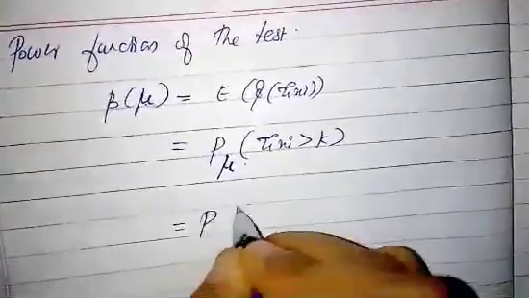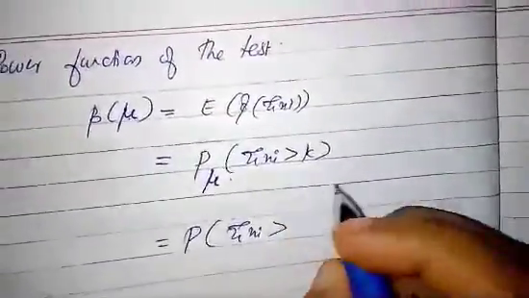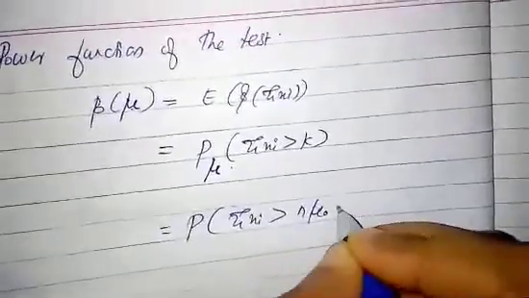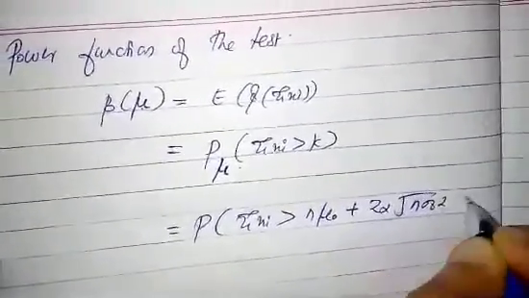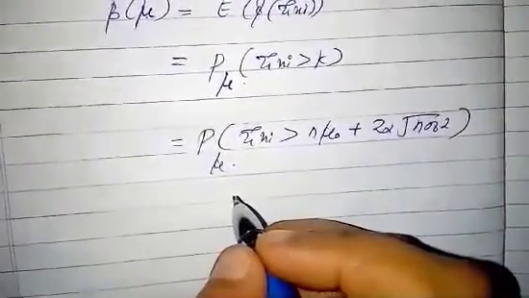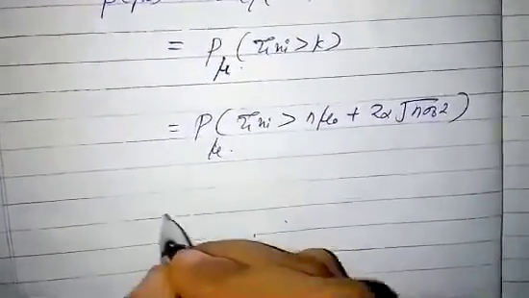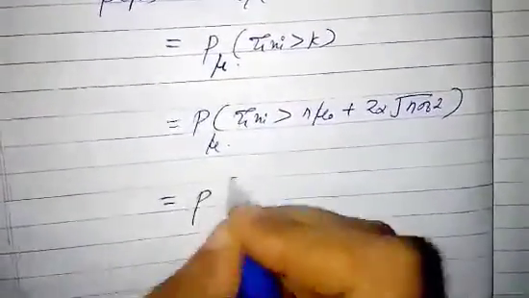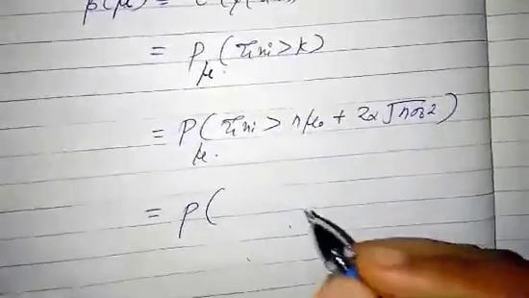It is equal to the probability of summation xi. Here what is the k value? The k value is n mu naught plus z alpha square root of n sigma naught square, right, and the parametric space, which is equal to the probability of, we can make this variable a standard normal variable.